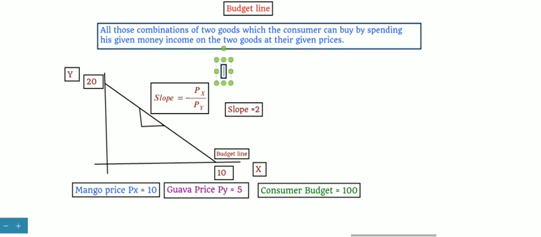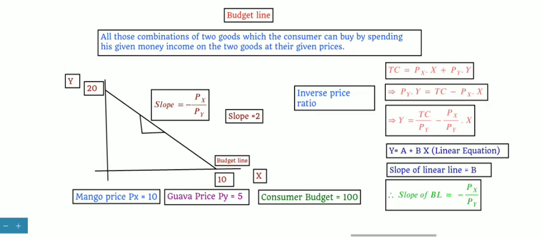So let's see how this slope is arrived. The slope is arrived from the formula for the total cost line, that is px into x plus py into y. We purchase only two commodities, x and y, and when we multiply them with their prices, we will get the cost of mango and cost of guava.